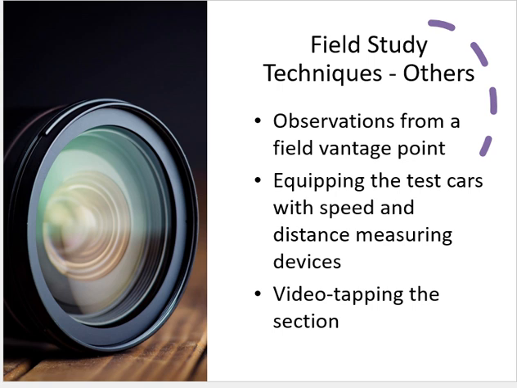Now these techniques which you see here are different variations of the first two methods. For example, you can do the observation from a vantage point. A vantage point is a point from where you can see the entire segment, a point of good visibility.